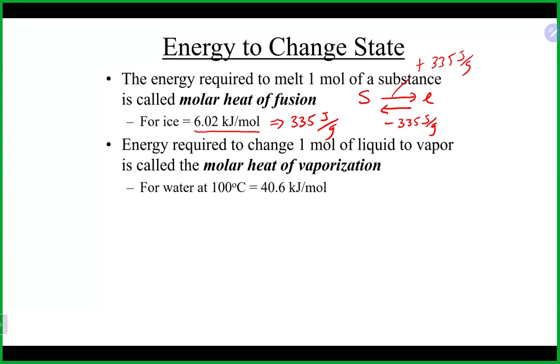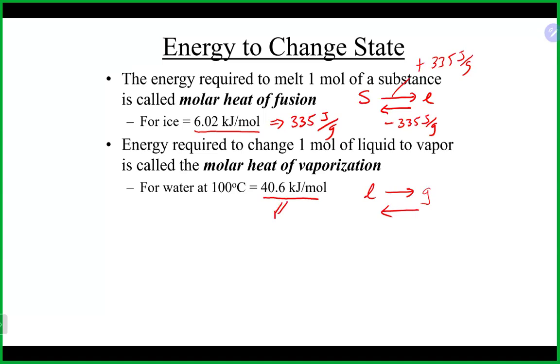There is also a certain amount of energy required to do the transition of going from liquid to gas, or gas back to liquid. That is what is known as the heat of vaporization. And that is the energy required to do either of these transitions, liquid to gas or gas back to liquid. And that is for water, specifically 40.6 kilojoules per mole.